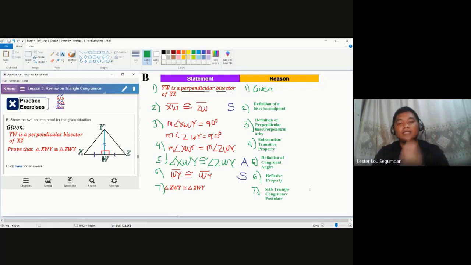You need to decide that after looking at the corresponding parts, which could give you congruence. And then decide later on, summarizing it in terms of postulate. Because if I talk about triangle congruence, we'll always look at SAS, ASA, or SSS.